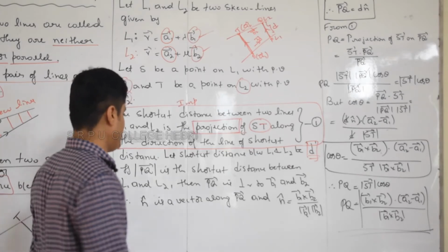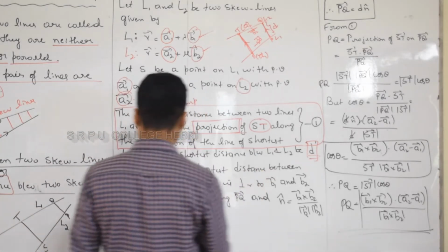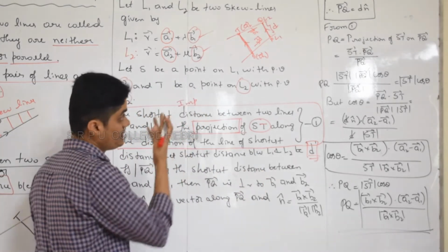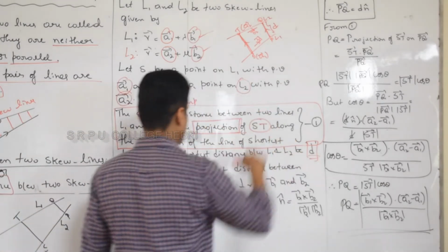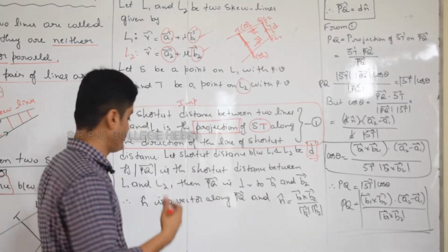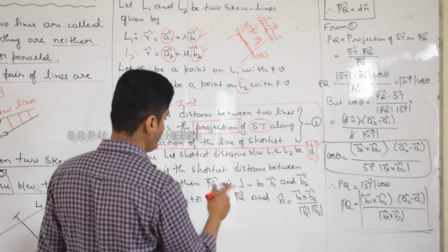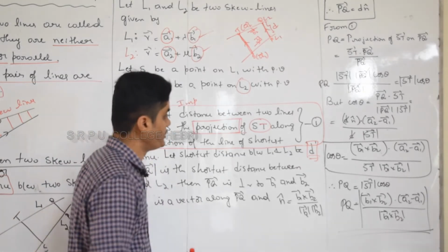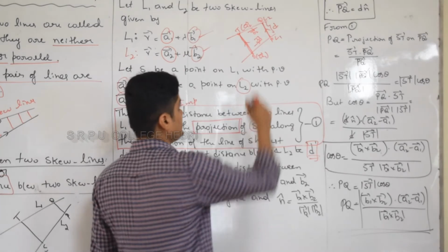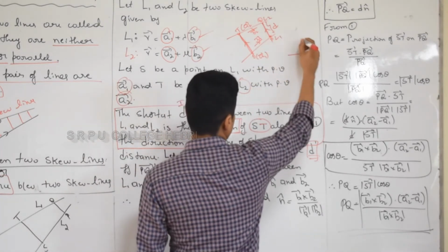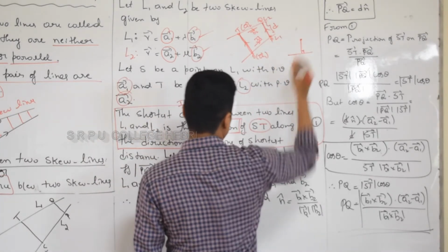So the magnitude of PQ is the shortest distance between L1 and L2, which we are assuming to be D. According to the diagram, what is the shortest distance? The magnitude of the vector PQ. Then PQ is perpendicular to both B1 and B2. Why? For the distance between a point and a line, you draw a perpendicular line.